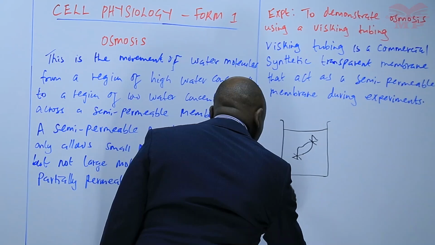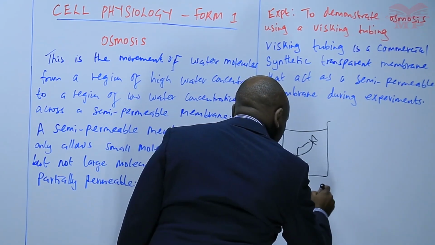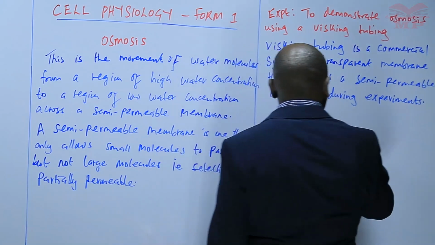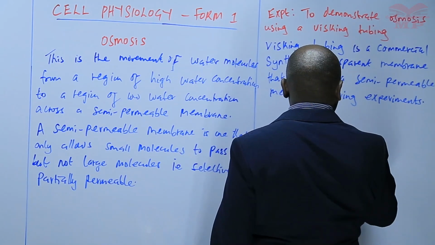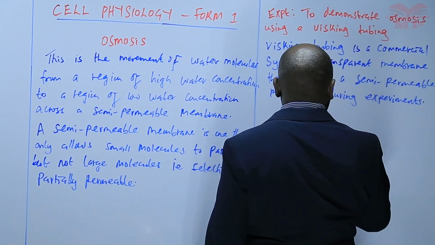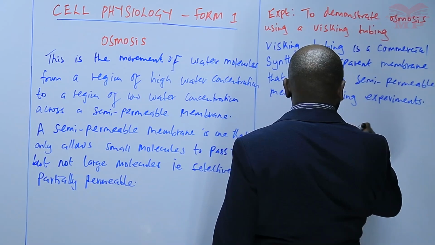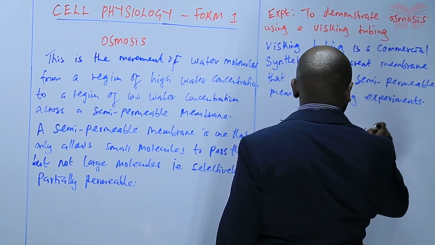So this is at the beginning. We have here distilled water. Then inside the whisking tubing, we have sugar solution.